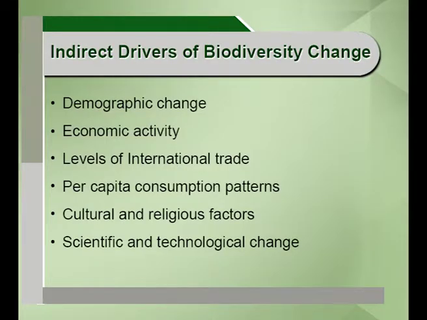Now, coming to the indirect drivers of biodiversity change, the main indirect drivers are demographic change, economic activity, levels of international trade, per capita consumption patterns, cultural and religious factors, and scientific and technological change. What is an indirect driver of biodiversity change?